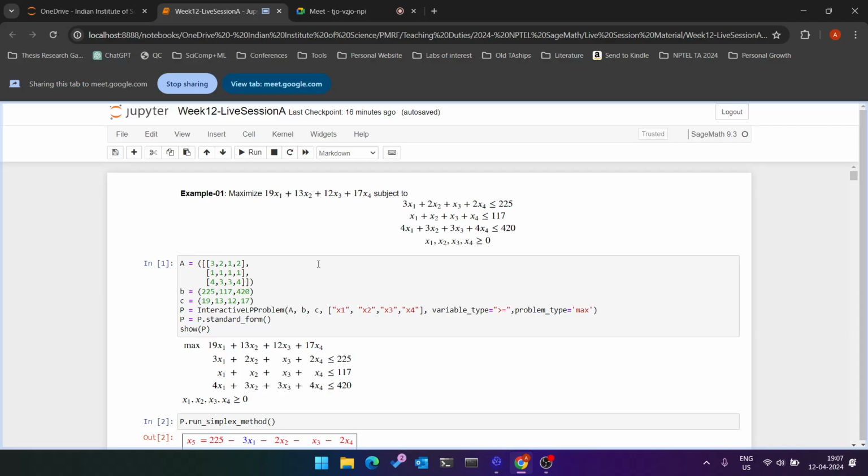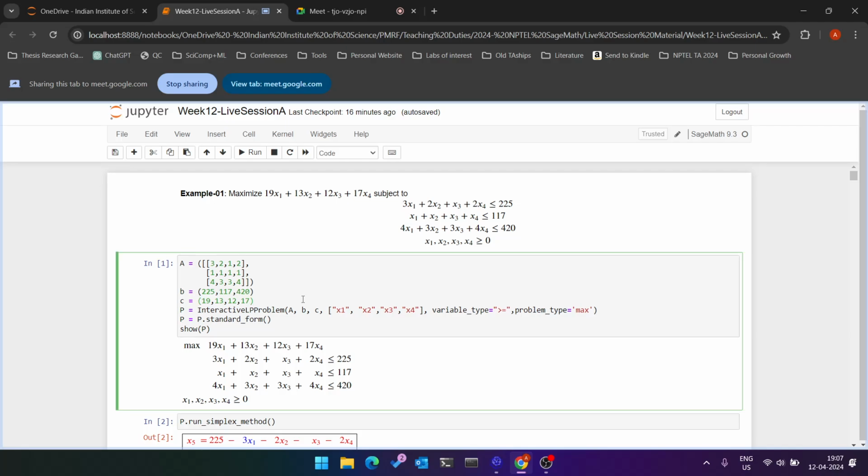To solve this, we'll first go through the simplex method itself. Firstly, we specify our A matrix, which contains the coefficients of all the constraints. We also specify vectors B and C, which correspond to the right hand side of the constraints as well as the coefficients of the objective function.